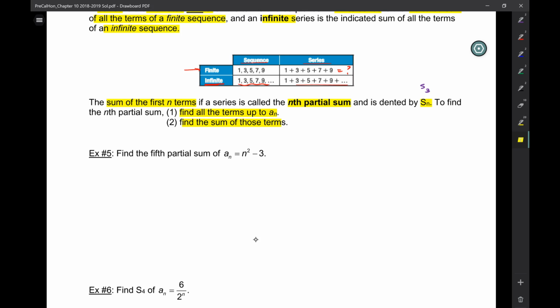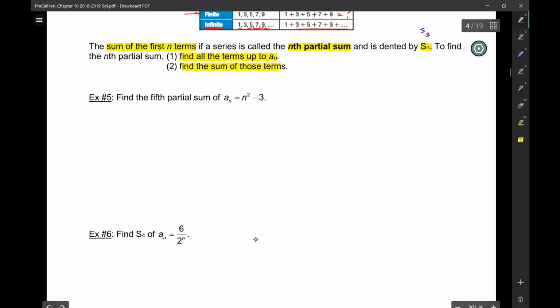All right. So let's take a look at this one, and let's find the 5th partial sum of this. Here we have an explicit formula. So what we're going to do is generate 5 terms, because that's what a fifth partial sum means. For the first term, n is 1. So we generate that by saying 1 squared minus 3, negative 2.